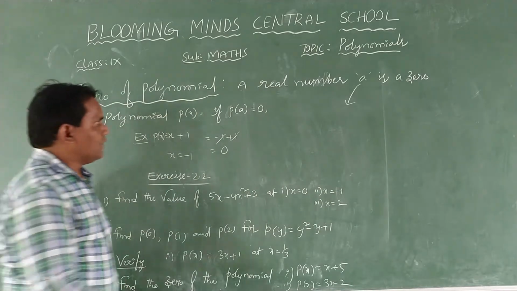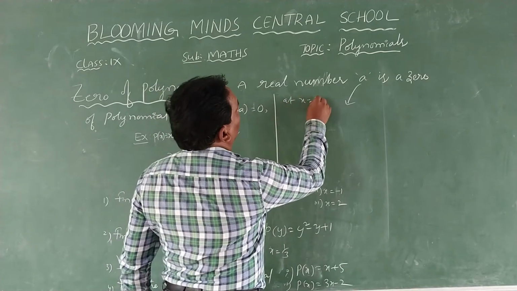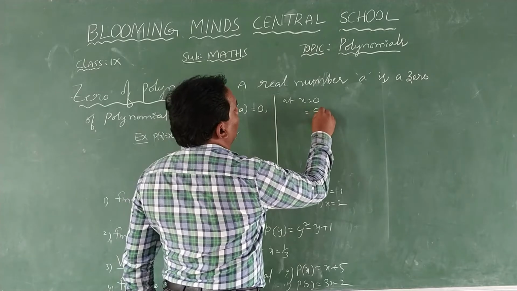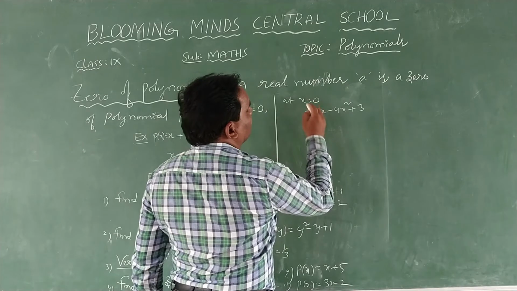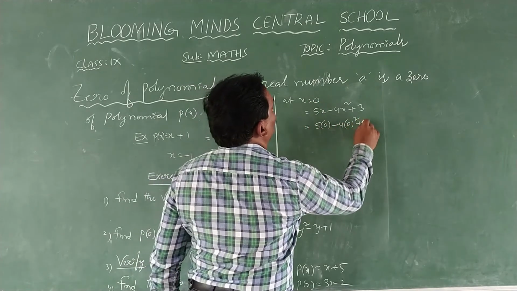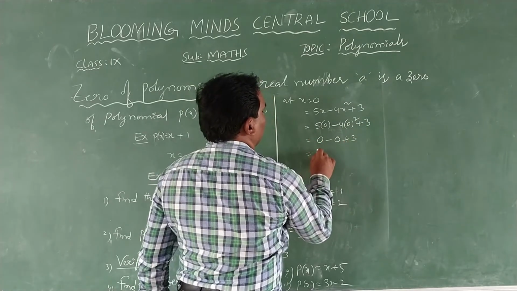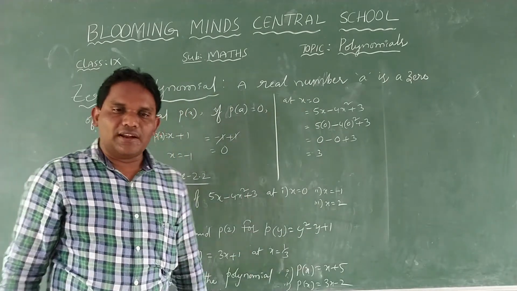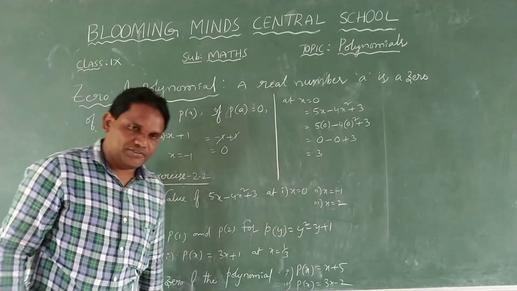Like here, at x is equal to 0, the value of the polynomial 5x minus 4x square plus 3 is 5 into 0 minus 4 into 0 square plus 3, which is 0 minus 0 plus 3, so 3. At 0 I found; the remaining you can find easily by using this application.